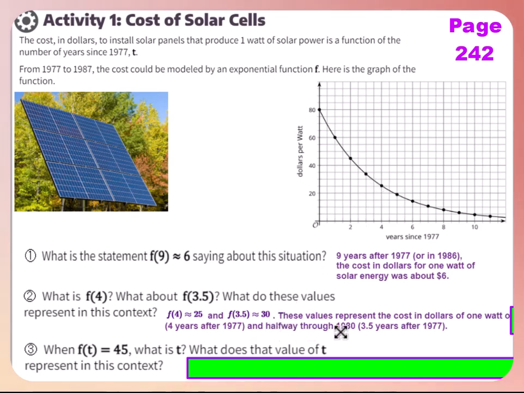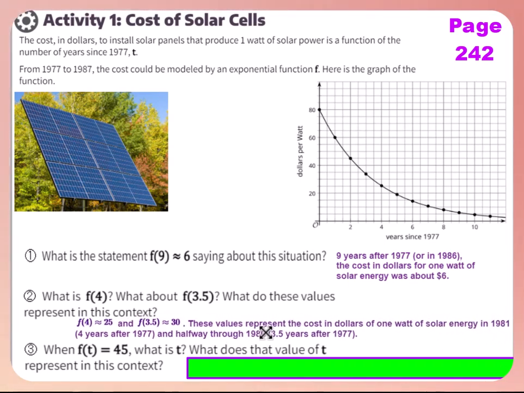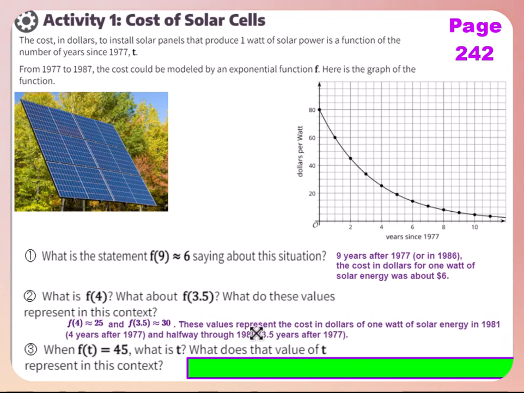Not exactly. Now those values represent the cost in dollars of 1 watt of solar energy. In 1981, that's 4 years after 1977, and halfway through 1980, or 3.5 years after 1977. So we're looking closely at that graph, talking about it different ways.